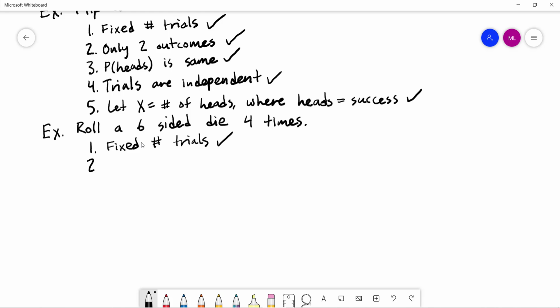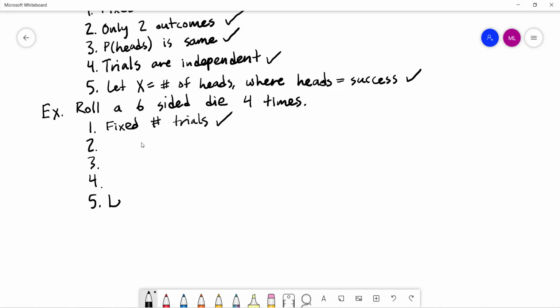So let me label or put down all these numbers, and let's come back down to 5 and start with this. If I let x be the number of, say, 3s that we roll, or any other thing, then I can think of it as basically rolling a 3 equals a success, and anything that's not a 3 is a failure.